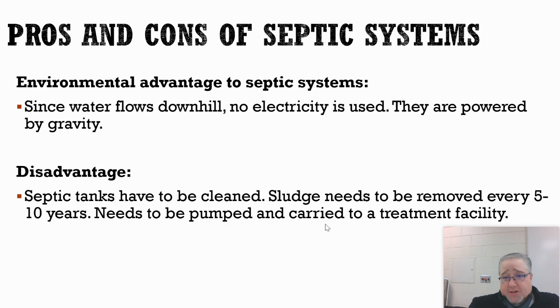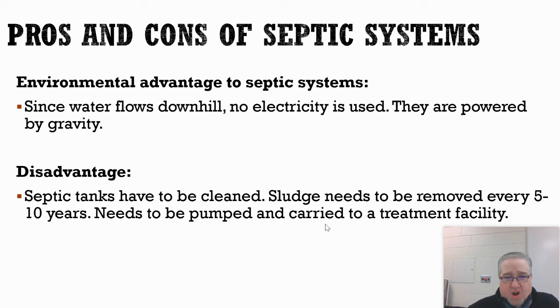One of the disadvantages is that septic tanks do need to be cleaned. I've never owned one, so I can't really attest to how often they need to be cleaned; I'm going by what I've read.